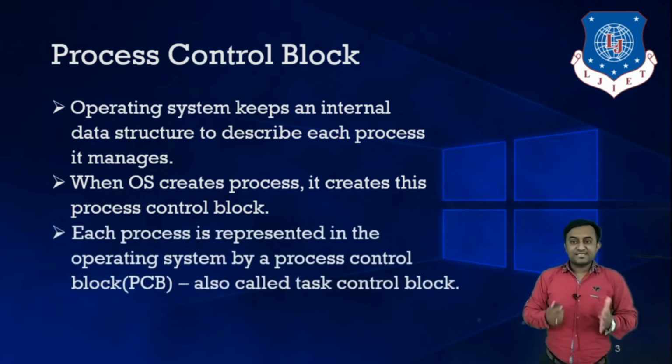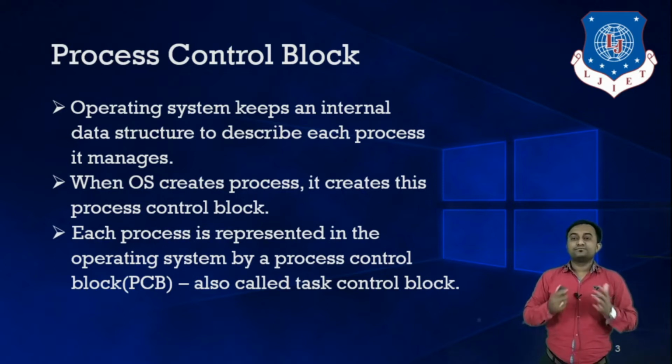Each process is represented in the operating system by a process control block, and it is also known as task control block, as I told you earlier. When you say process, job, or task, these are one and the same thing with respect to the operating system.